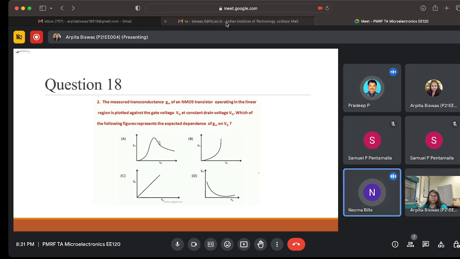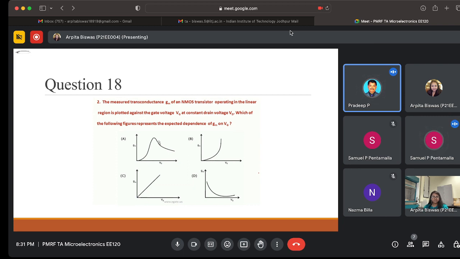Is the answer D, ma'am? No, not. Option A, madam. After variation, it will fall down. How is it? You are saying in the linear region, madam.